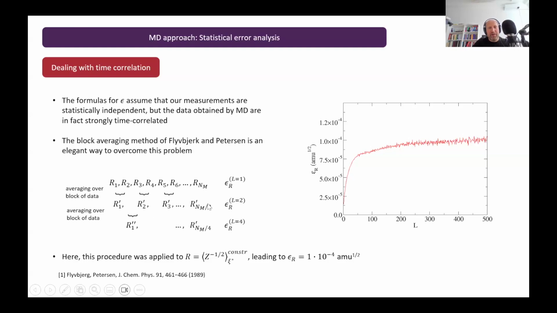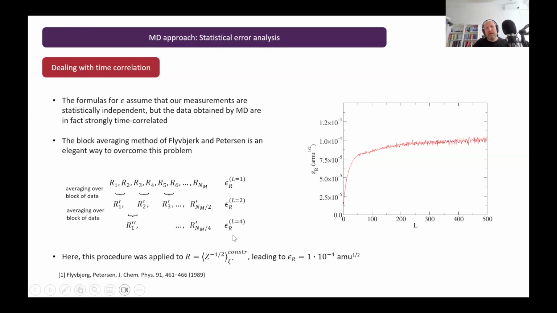So by that, we reduce the number of data points by factor 2, but at the same time, we also increase the effective distance between two data points, because the effective distance in the original data was just 1 time step, and here it is effectively 2 time steps. Okay, and again, we compute our estimate of standard error, and we keep on blocking like that. So when we use this data again to block them, we again reduce the number of data points by a factor of 2. So altogether, this is the same result as if we blocked over 4 pieces of data here, right?